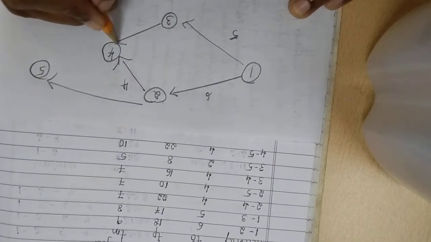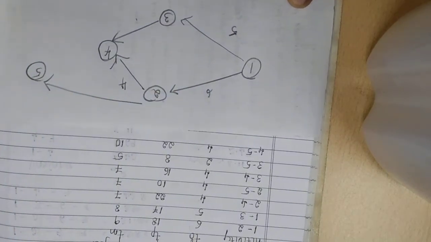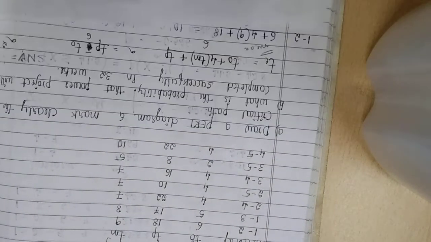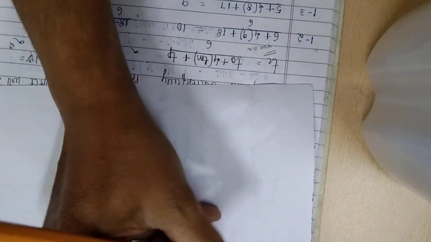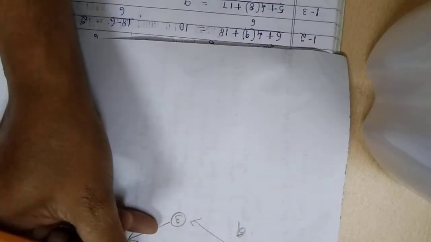For 3 to 4, we are allowed to take the expected time here, not this one. So the expected time will be taken up. I'll write it later. So for 1 to 2, it is 10, then 1 to 3, it is 9. Sorry, I made a small mistake here. So 2 to 4, it is 9.